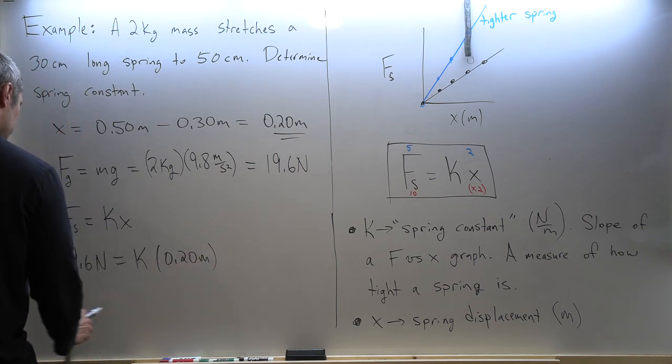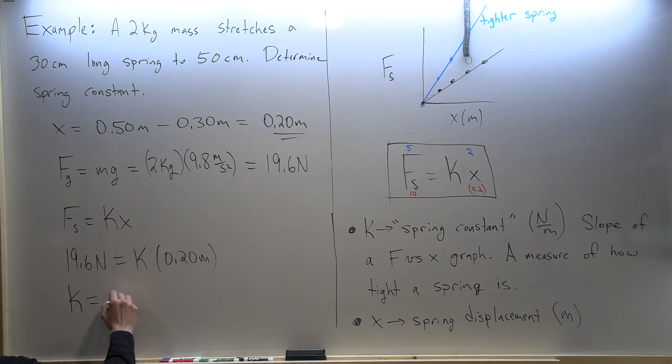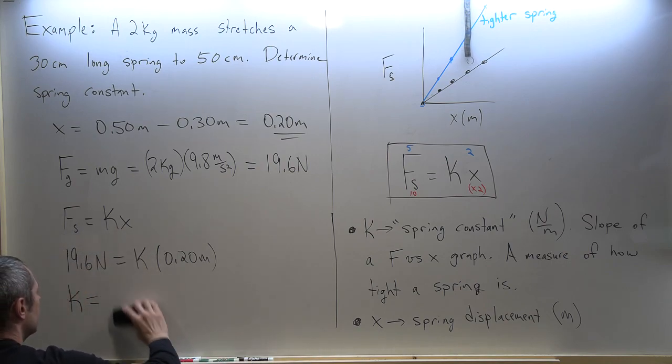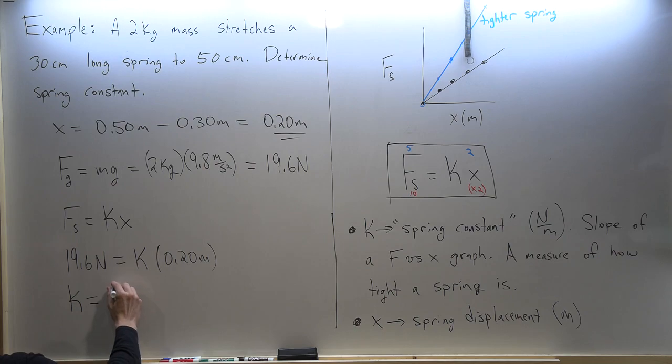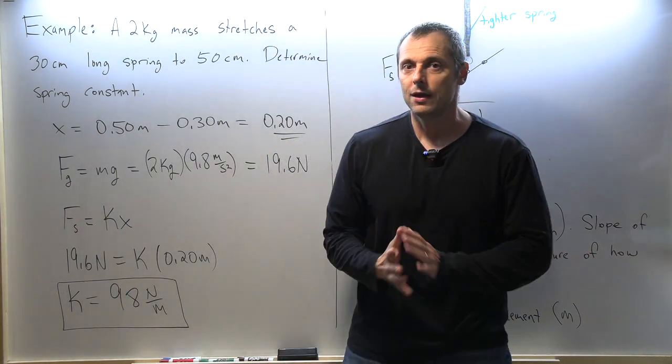So K, if I divide both sides by 0.2, is 98 newtons per meter. So there's the spring constant for that particular spring.